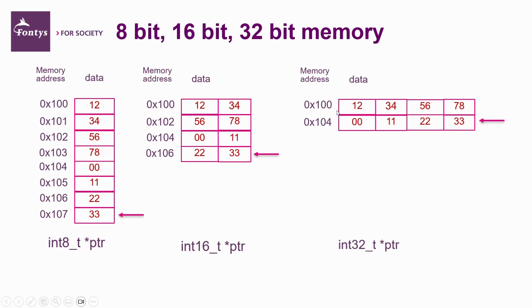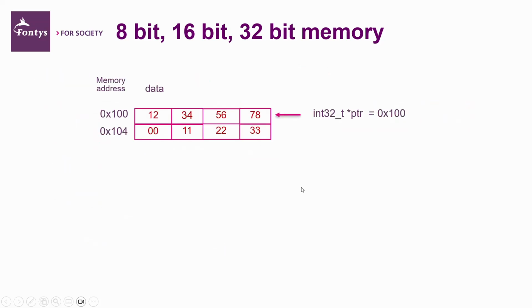So it skips 4 bytes here, and it skips 2 bytes over there, or 2 address locations. Okay. So that's what you see happening here. This points from one to that one.